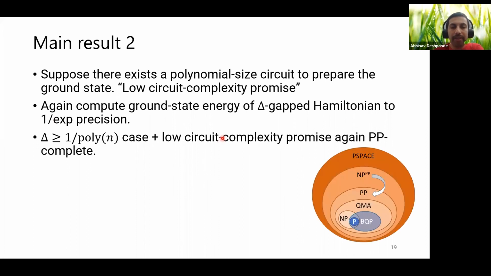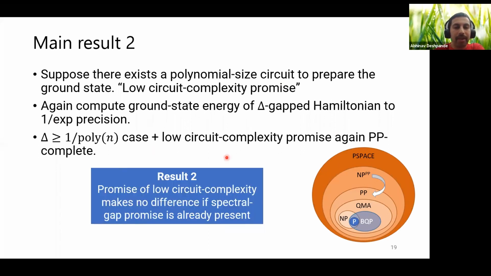In this case, when the spectral gap is again inverse polynomial, and you have this additional promise that there's this polynomial sized circuit, the problem remains PP-complete. Phrased another way, this promise that the circuit complexity of the ground state is small makes no difference at all if there's already the presence of a spectral gap.